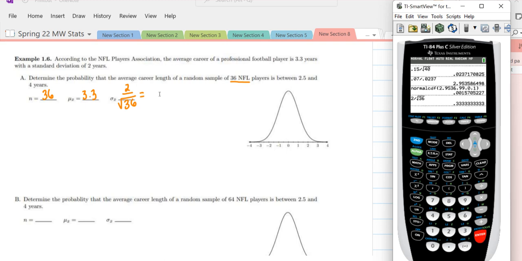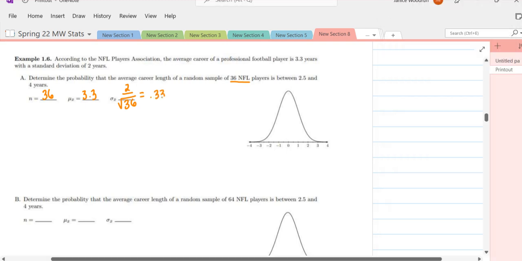So 0.33333. Okay, and we are finding the probability between 2.5 and 4 years, so that's going to be 2.5 less than x less than 4. X is between those two values. So we're going to find two z-scores.